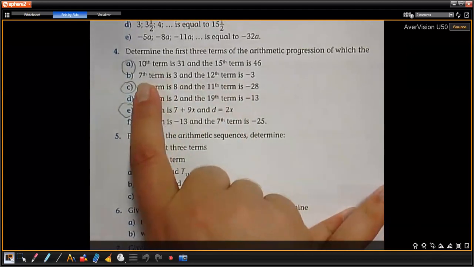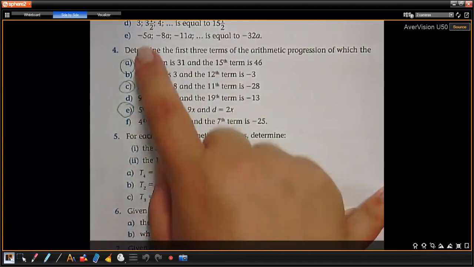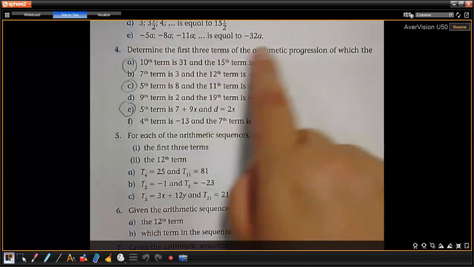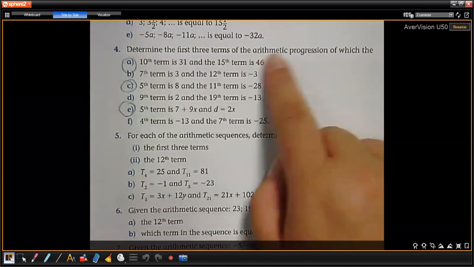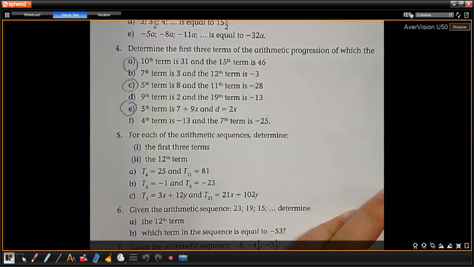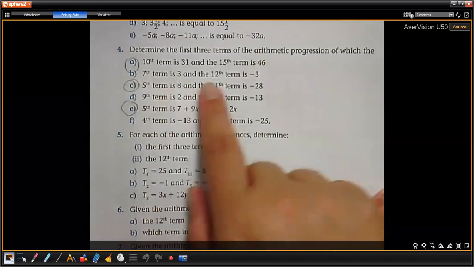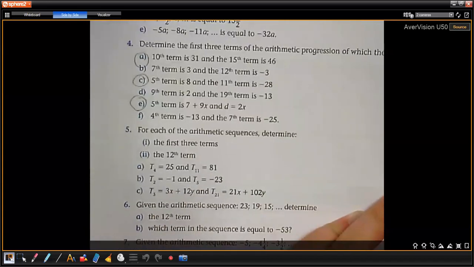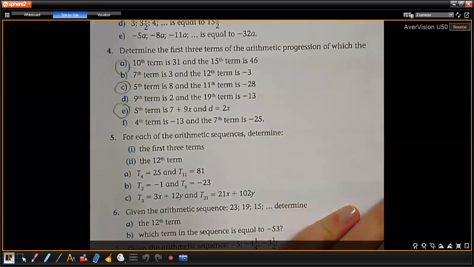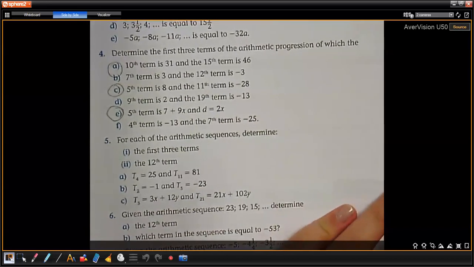They are giving you the value of 2 terms and they are asking for the first 3 terms of the arithmetic progression of which the 7th term is 3 and the 12th term is -3. So it's exactly like the example that we just did. You're just going to practice that.